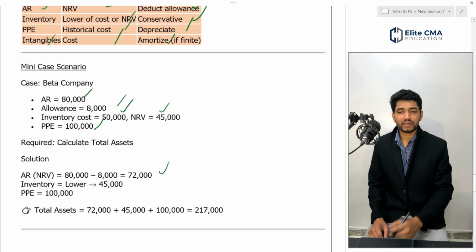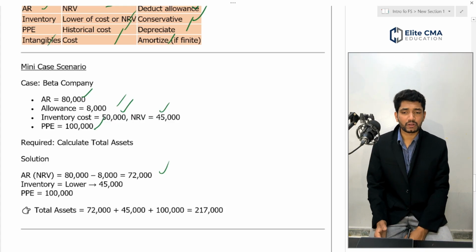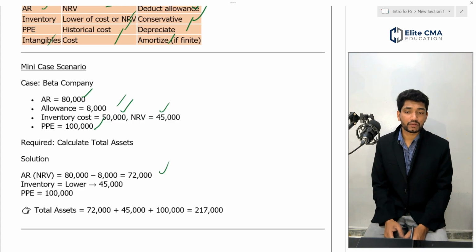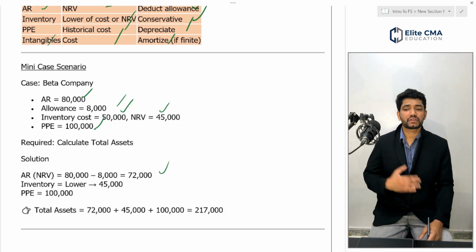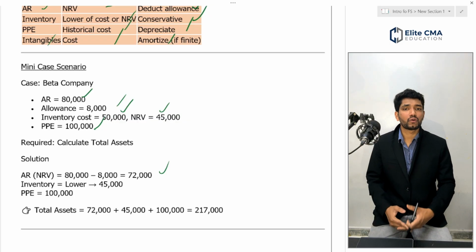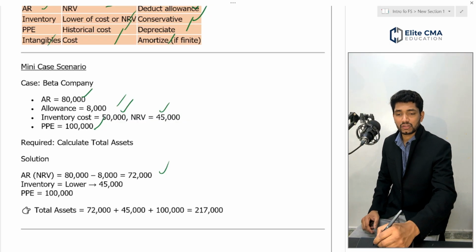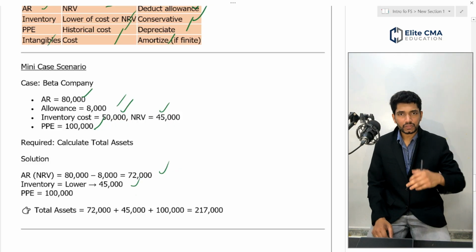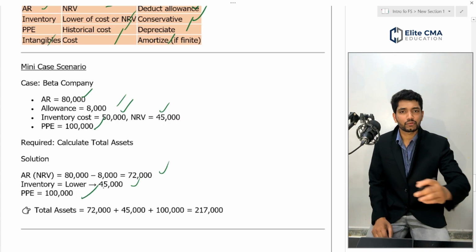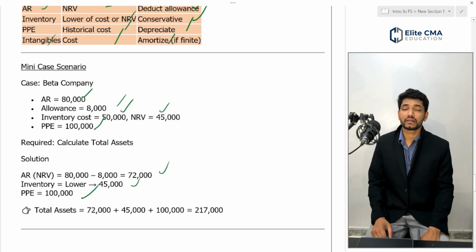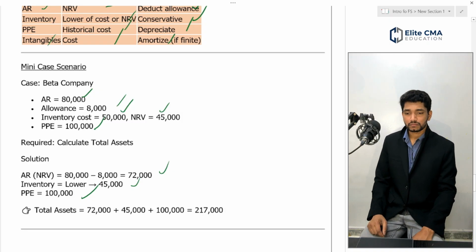Then let's come to inventory. The inventory cost is 50,000 and the net realizable value is 45,000. For the inventory valuation, normally you have to consider the lower of cost or net realizable value. So here it is 45,000. For the property, plant and equipment, we have to take the direct number. It is 100,000. There is no treatment indicated here.